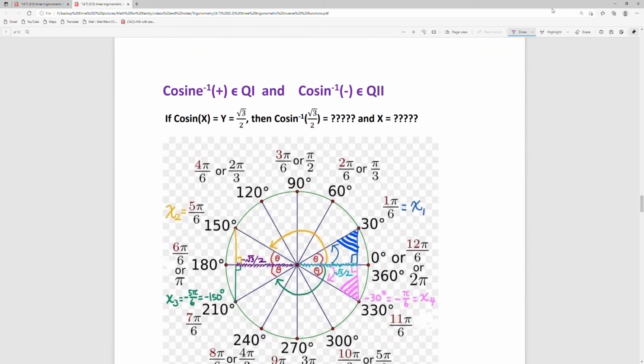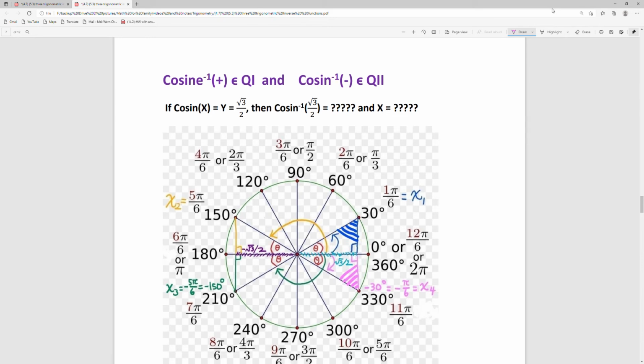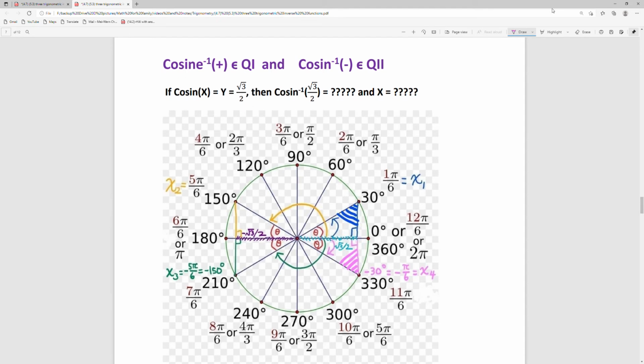Next, same idea. We are talking about the cosine function and the arc cosine function. So same thing, I just want to quickly show you how I can find the answer. Okay, so unit circle, and where I can have square root 3 over 2 for cosine.